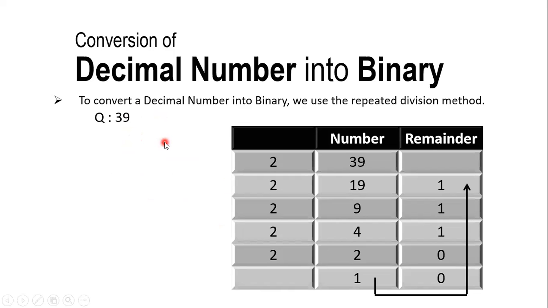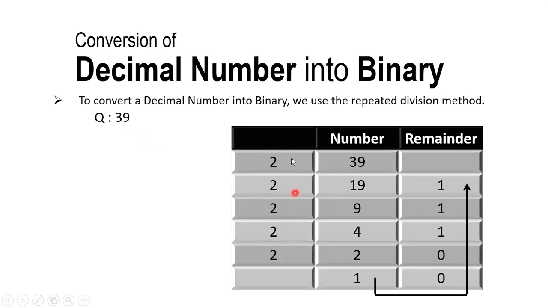As an example, the question in front of you is 39. The number 39 is given in decimal and we need to change it into binary. What we need to do is keep on dividing this 39 again and again by 2. We cannot take any other number, no 3, no 4, nothing else. Only 2. Why are we taking 2?